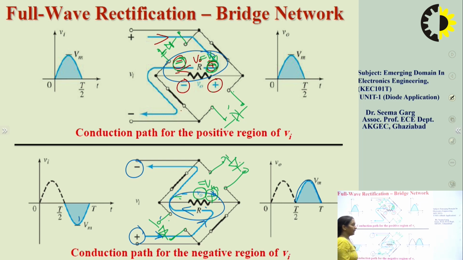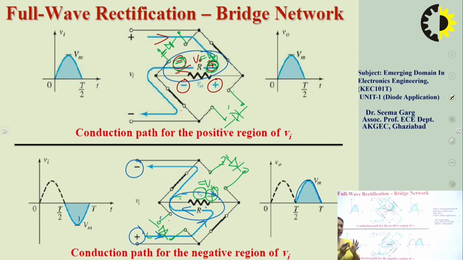That means this is again a reverse voltage. So in one half cycle, these two diodes are facing the reverse voltage of magnitude Vm, and in the negative half cycle, the other two diodes are facing the reverse voltage Vm. So the peak inverse voltage is Vm in case of the bridge rectifier, whereas it was twice of Vm in case of the center tap full wave rectifier.